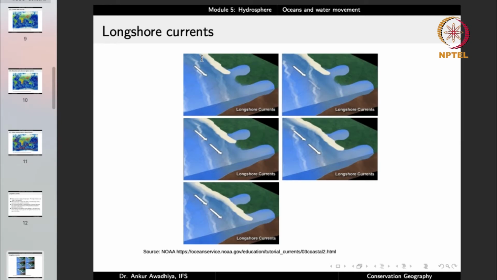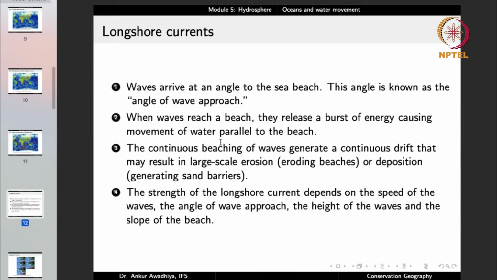The waves are carrying energy, and now this energy is made available at this point. Now with this energy, the water starts to move, and the movement of this water will be parallel to the shore or parallel to the beach. So it causes a movement of water parallel to the beach, and the continuous beaching of waves generates a continuous drift that may result in large scale erosion or deposition.